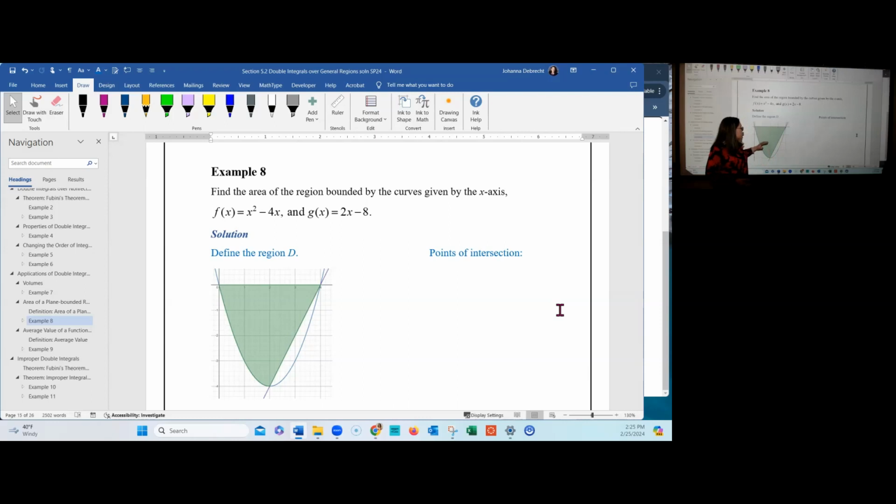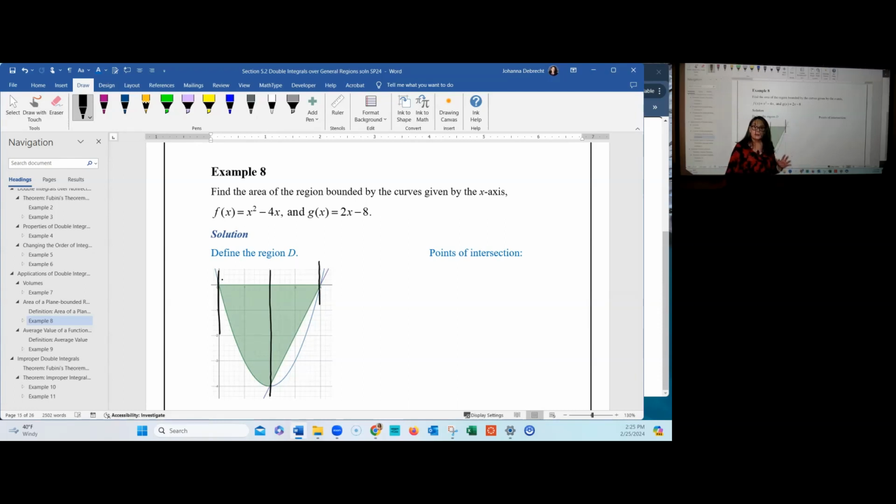To help us do that, notice that if I go with a type 1, I'm looking at above and below and drawing vertical lines of different regions. In this case, I would need 3 vertical lines. I would need one at x equals 0, another one here at x equals 2, and another one at x equals 4.